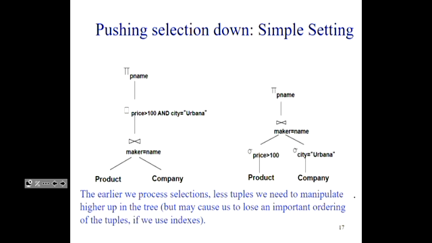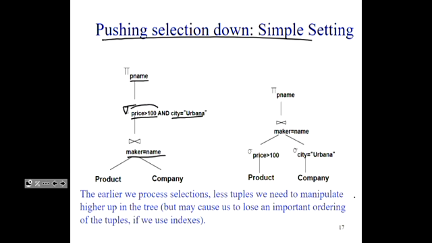Okay, so let's take some examples. So here's an example of simple pushing of selections down. So I have a projection onto P name, a sigma on price greater than 100, and city is equal to Urbana. I have a theta join on maker is equal to name between product and company.